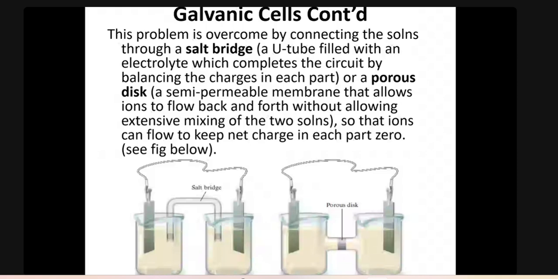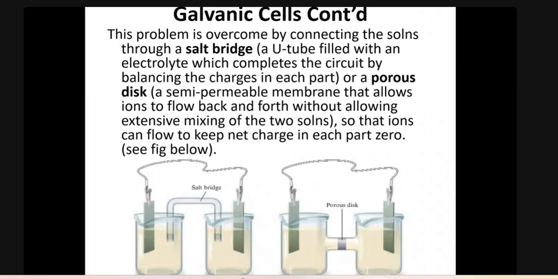Now, if you want to find the cell potential of this cell, or how much electricity this cell is going to give us, I'll use an instrument called a voltmeter.